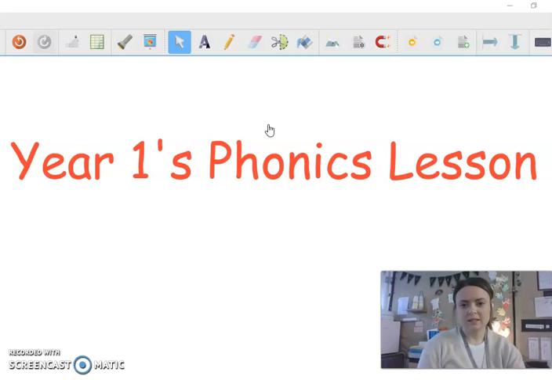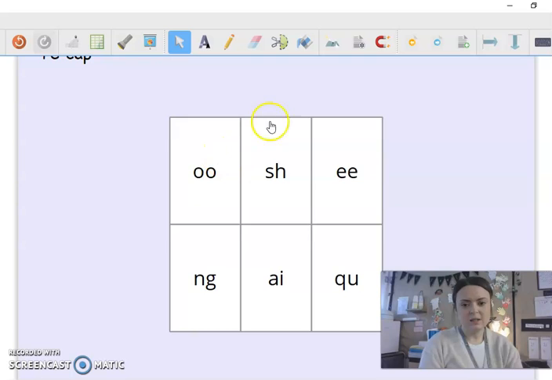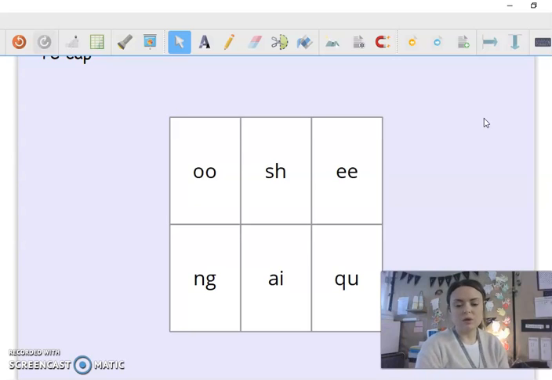Let's get started with today's phonics lesson. Before we start, I just want to do a little recap. In front of you, you will see a grapheme grid. I would like you to point to the grapheme that is represented by the sound or the phoneme A. Did you get that?